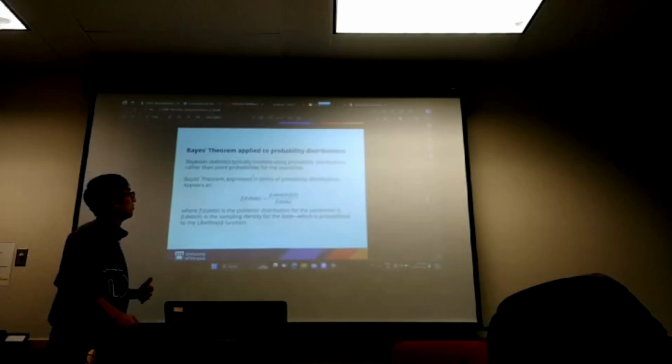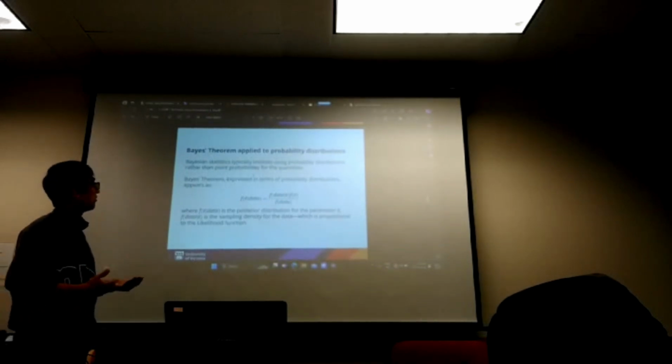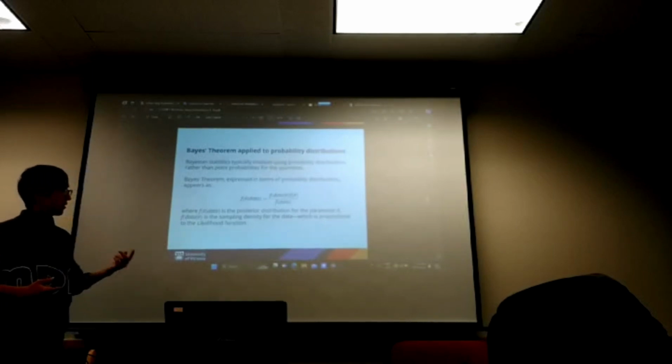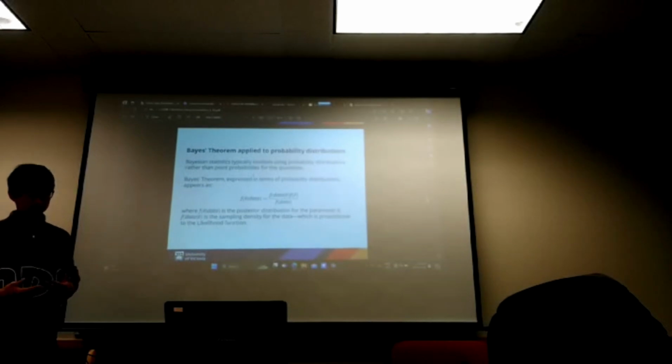So in summary, when we use BGMM, the first step is we set our prior distribution. The next step is to calculate the likelihood. And the third step is to multiply them together and normalize it.